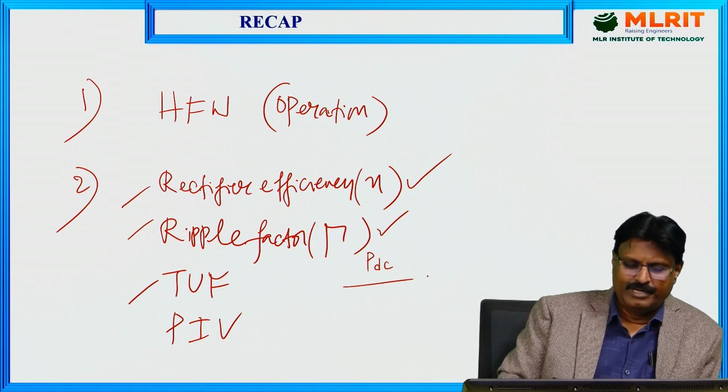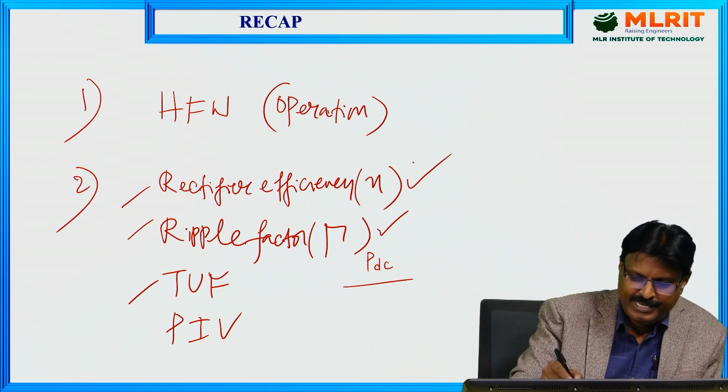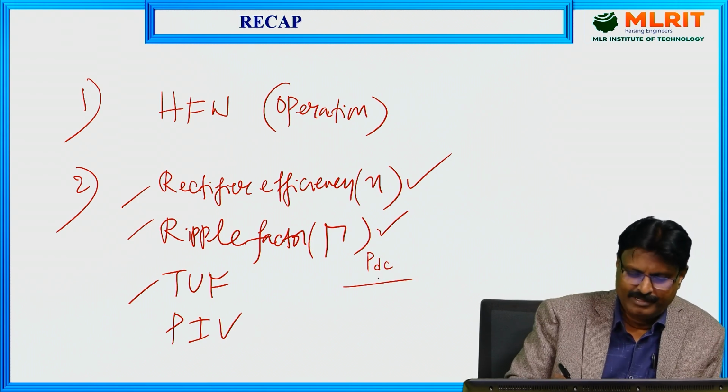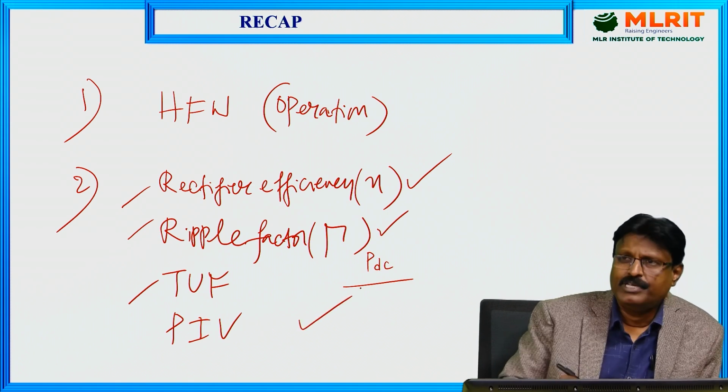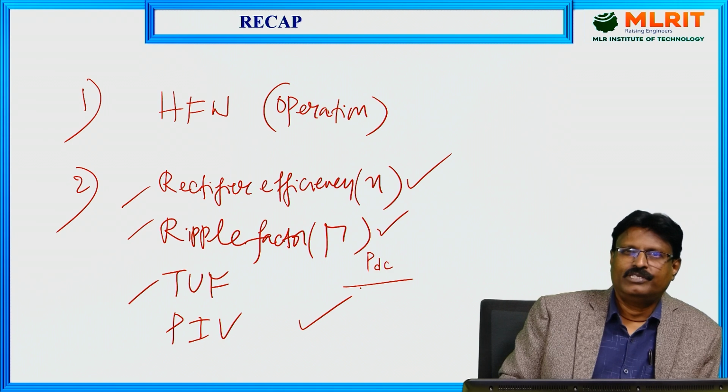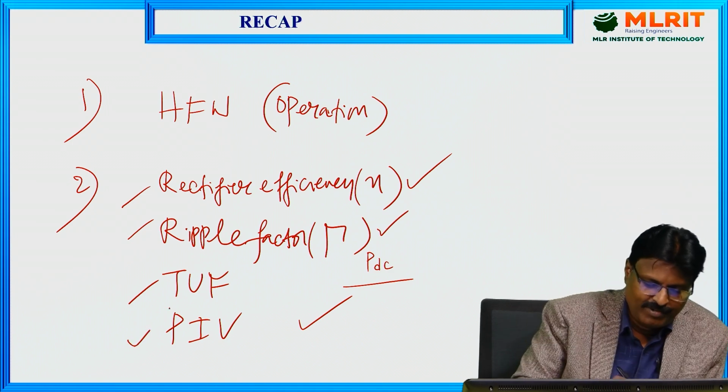So rectifier efficiency is PDC by PAC, but here the TUF is PDC by PAC rated. That depends upon the rated value of the transformer secondary rating Vm by root 2. And PIV is the maximum voltage that must be withstood by the diode in the reverse bias mode. That is the peak inverse voltage.